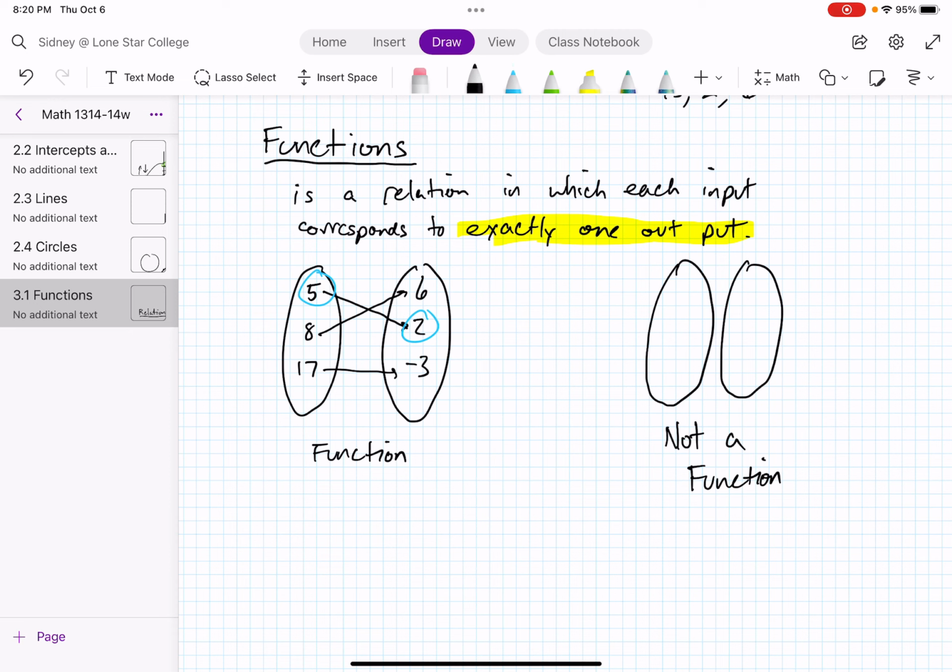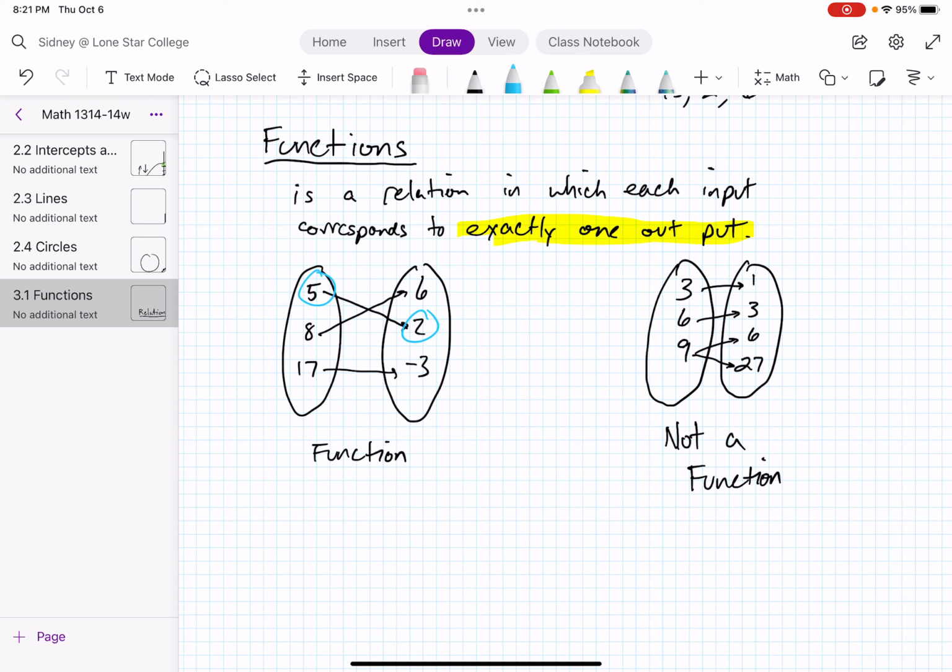If it's not clear what I mean by that, let's have a look at this. 3, 6, 9 are my inputs, and my outputs are 1, 3, 6, and 27. So if I say that 3 corresponds to 1, and 6 corresponds to 3, but 9 corresponds to both 6 and 27, that is not a function.